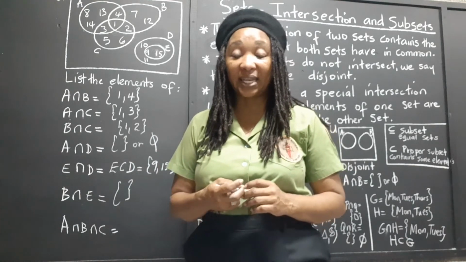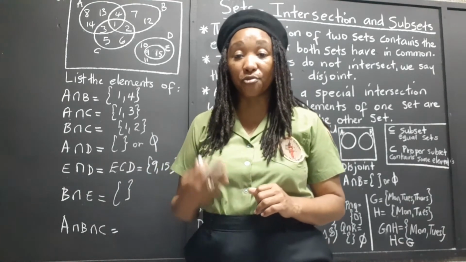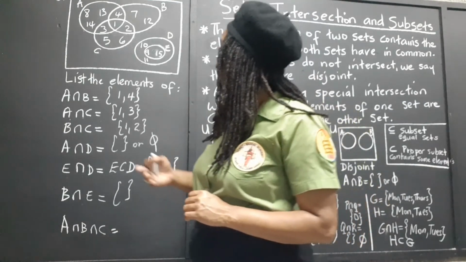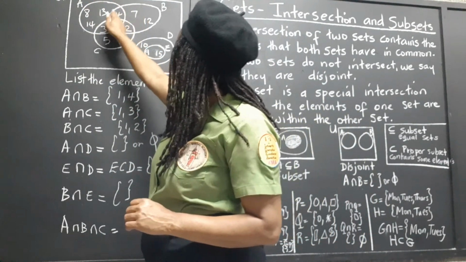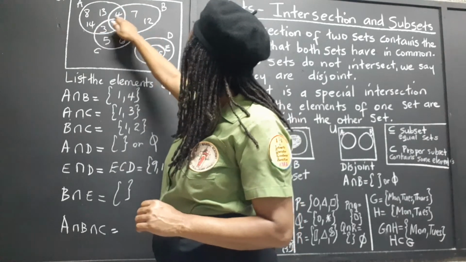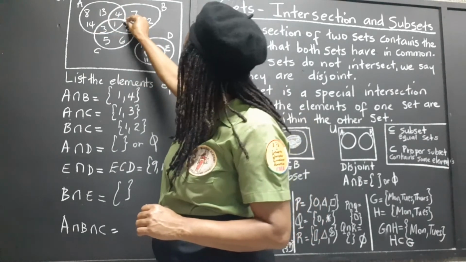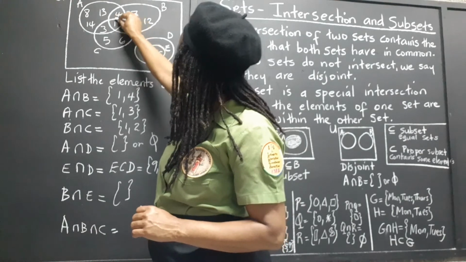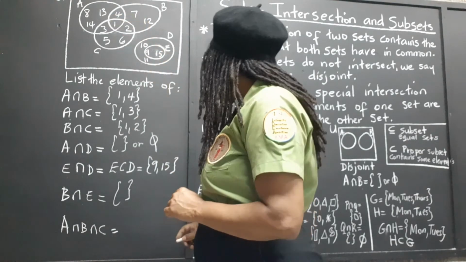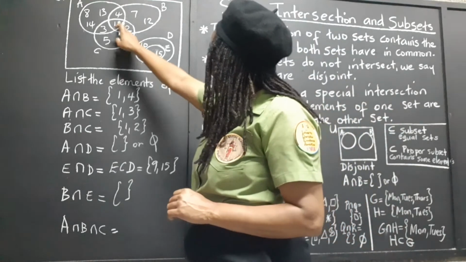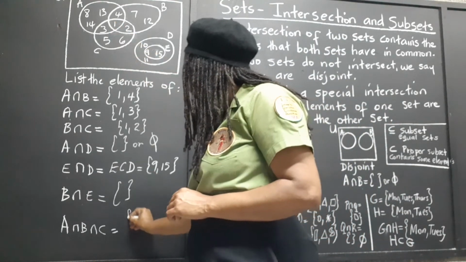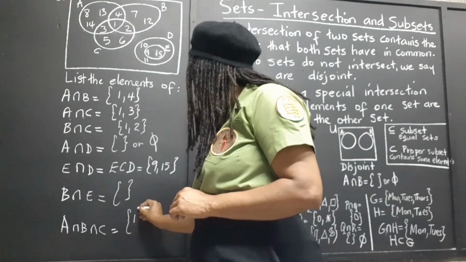Can you identify where the three sets overlap each other? We have set A, set B, and set C, where they all overlap right in the middle here. So the element there is 1.